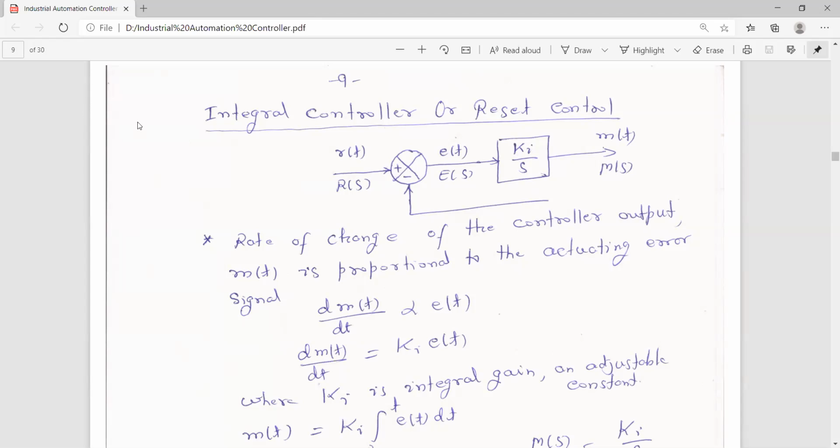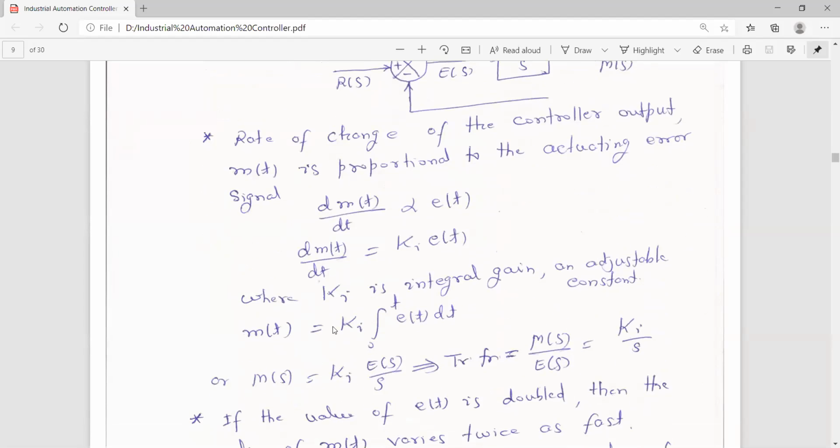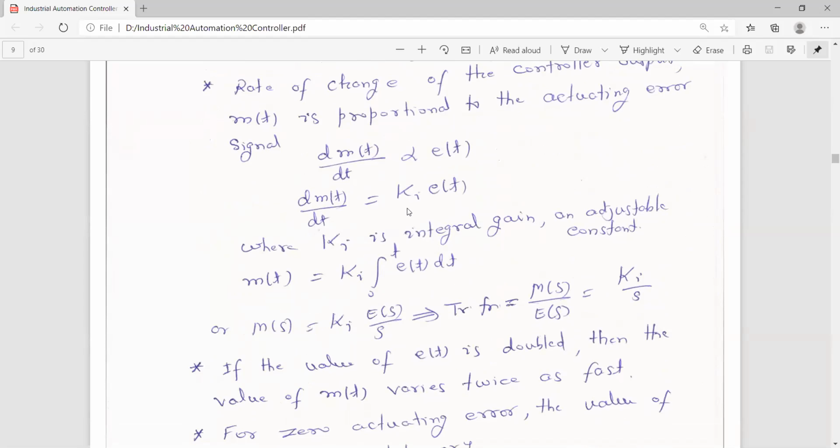So again here, the same nomenclature of the signals: RT is the input, ET is the error, MT is the output of the controller, and this part is the actuator. Here the relationship is that the rate of change of controller output is proportional to the error signal. Means dmt by dt is proportional to ET, so dmt by dt is equal to k, some proportionality constant.